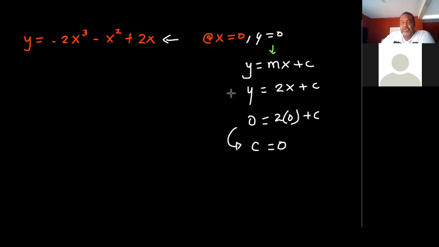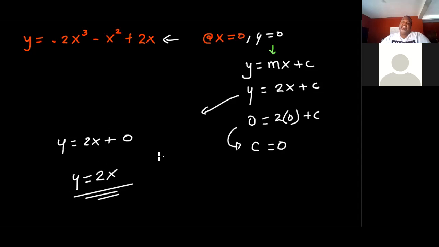So now I'm going to go one step farther from here. Now I have a value for c. So y is equal to 2x plus 0. But we don't write it with the 0 on there. We just say y is equal to 2x. This is your answer right here.